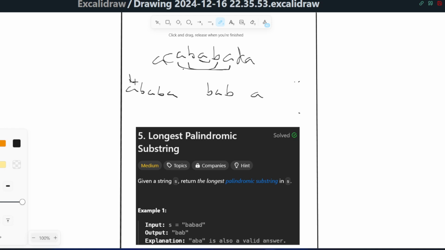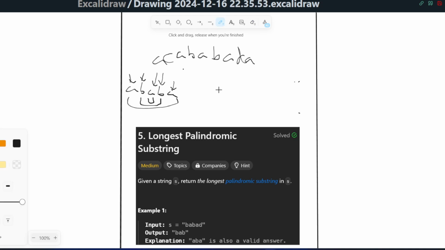When you check these strings, you'd put your two pointers here and move them inwards. But these are all repeated calculations: if you know that ABABA is a palindrome, then you would know that BAB is also a palindrome, and A is also a palindrome. So there would be no point in checking these two things.